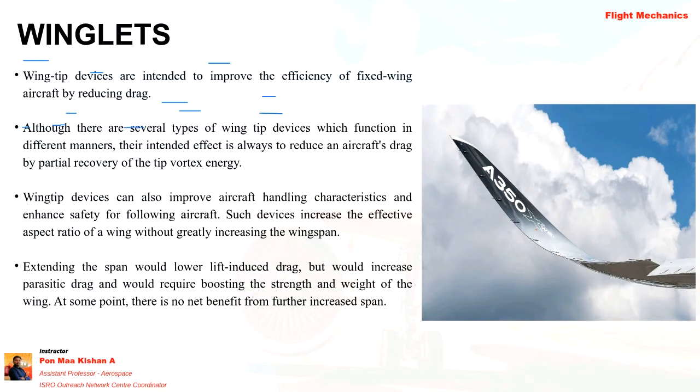Their intended effect is always to reduce the aircraft drag by partial recovery of tip vortex energy. Everyone knows that the wing tip produces more vorticity than the other parts over the span length.